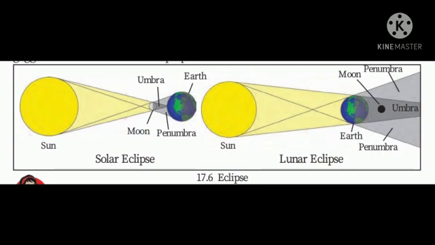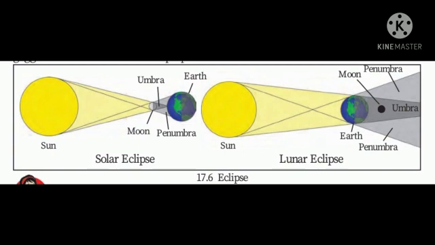When the solar disk is completely covered by the moon, the eclipse is called total solar eclipse. When the solar disk is not covered fully by the moon, the eclipse is called partial solar eclipse.